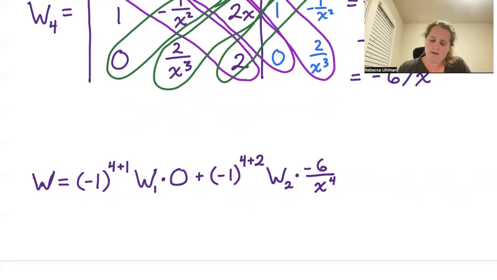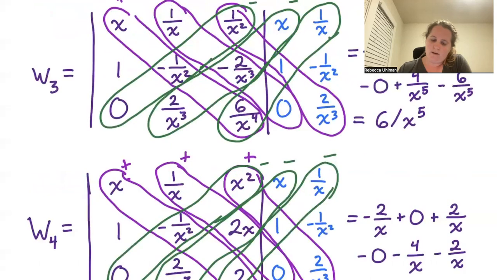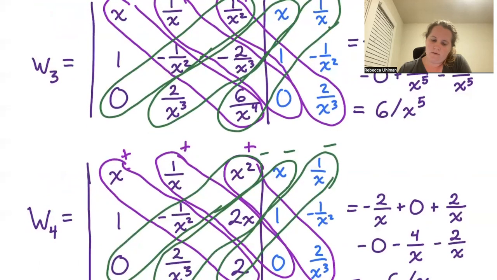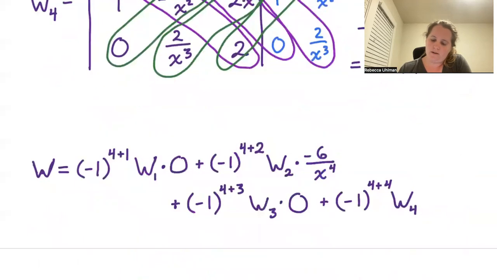Then we add on negative 1 to the 4 plus 3 times W3 times the last number in that third column, which was once again 0. And we add on negative 1 to the 4 plus 4 times W4 times the last entry in the fourth column, which was negative 24 over x to the fifth.